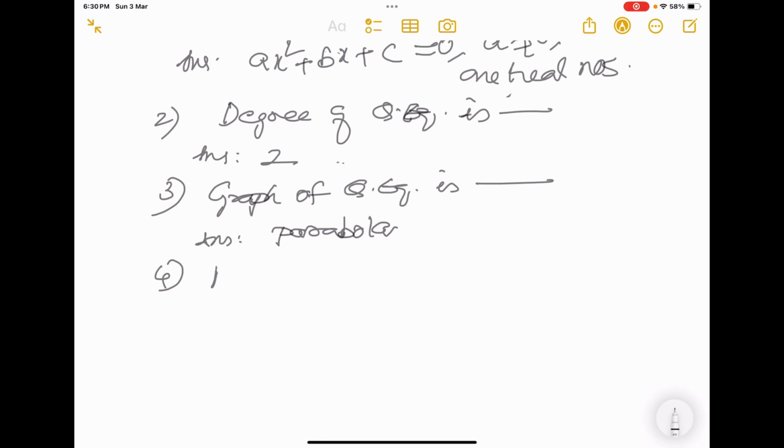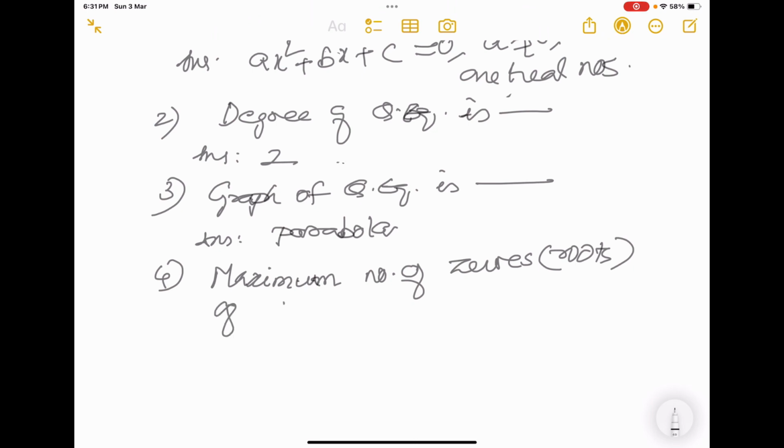Maximum number of zeros or roots. Here in quadratic equation it is called the roots. Roots of quadratic equation is 2.